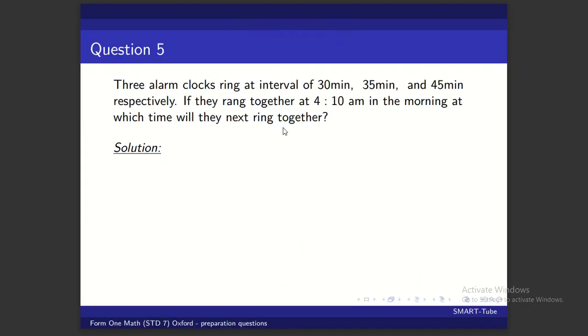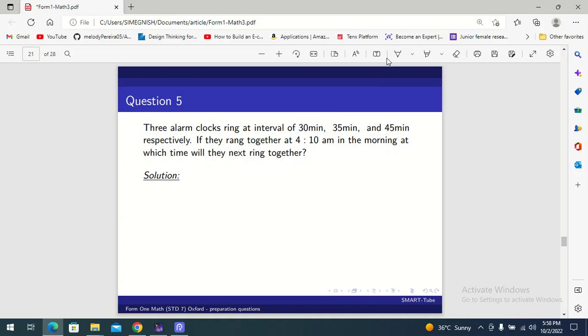So the last one is: you have 3 alarm clocks and they ring at intervals of 30 minutes, 35 minutes, and 45 minutes respectively. That means the first clock rings at a 30 minute interval.